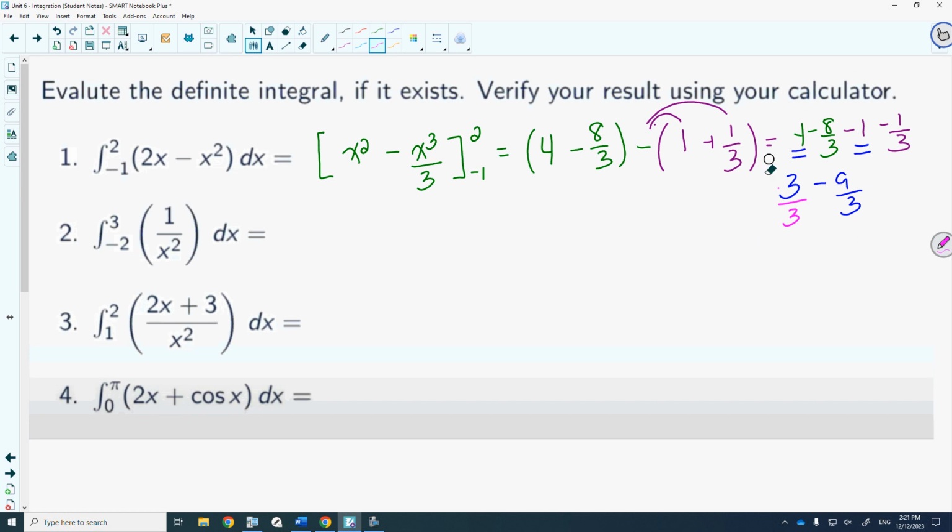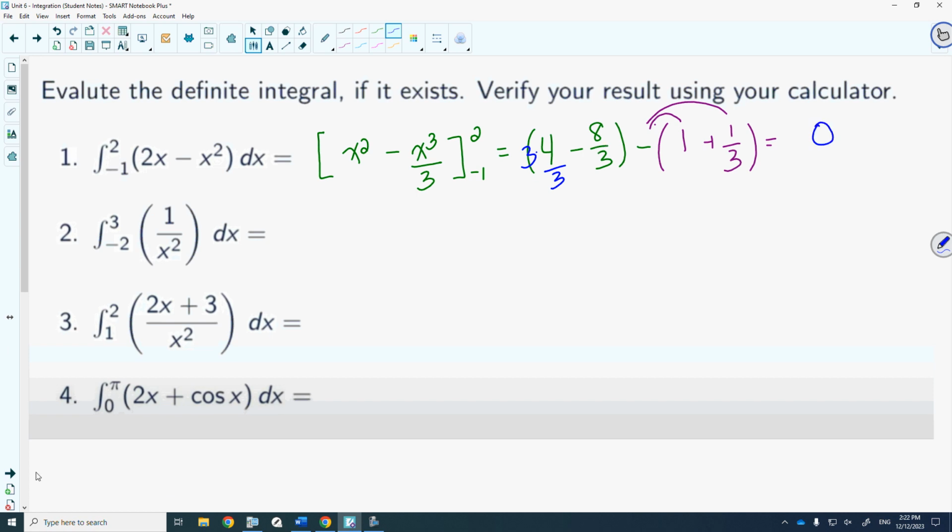Okay, let me actually just do something different. There's a mistake somewhere. 4 minus 8/3. So let's actually put common denominators here then. So 3, 3. Oh yeah, 0. Are you guys getting 0?